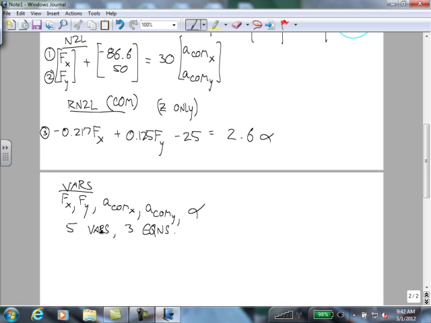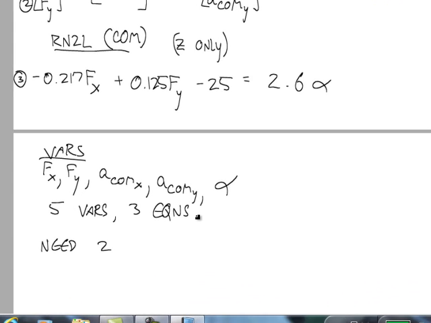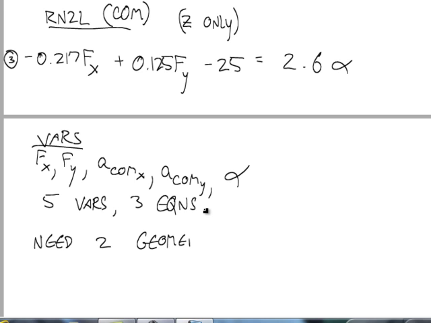So now what do we do? Yep, exactly. We're going to come up with 2 geometric constraint equations. Before you think about this mathematically, just what constraint is there on the motion that you can see? That's what we're looking for. We didn't have to do this when we did the rotation about the fixed point.